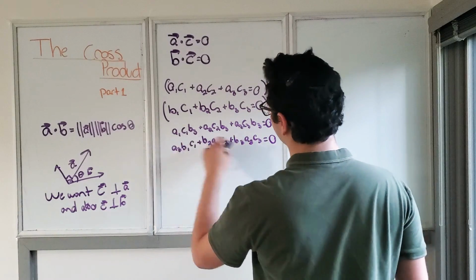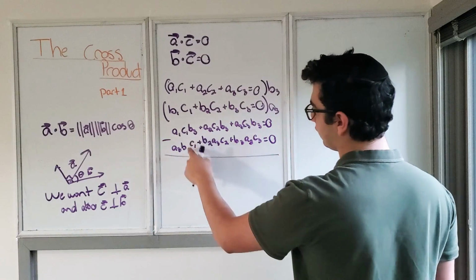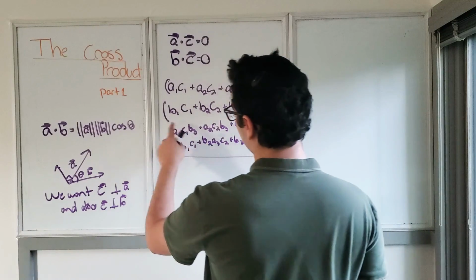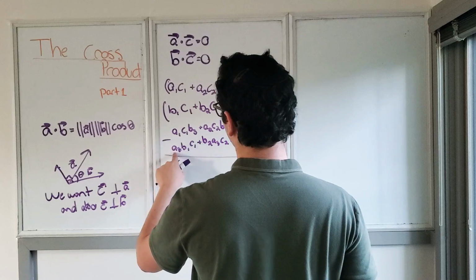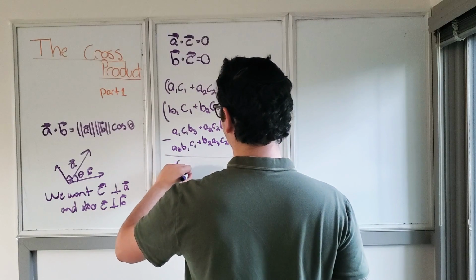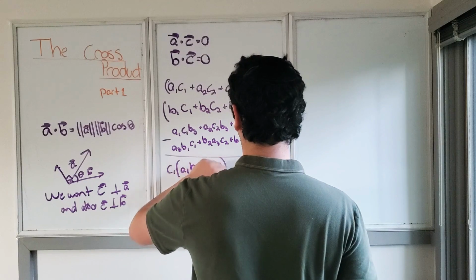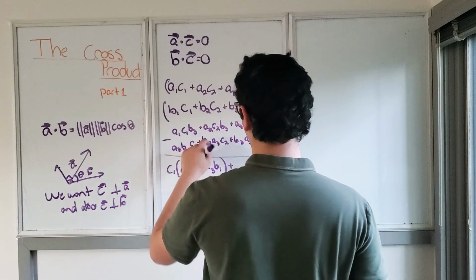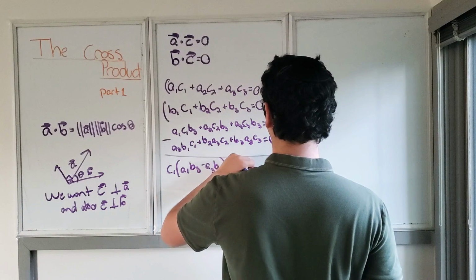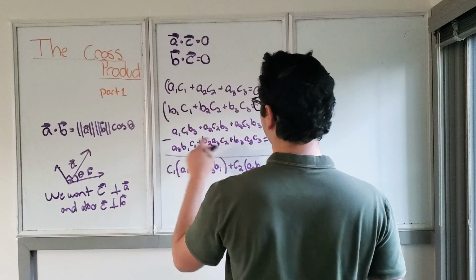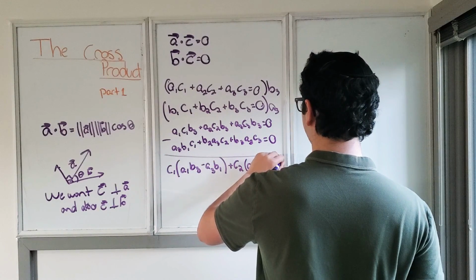And now I'm going to get rid of the C3 over there by subtracting these two. And I can also factor out the C1 over here. So I'm going to have C1 times (A1 B3 minus A3 B1). And then we're also going to have C2 times (A2 B3 minus B2 A3).